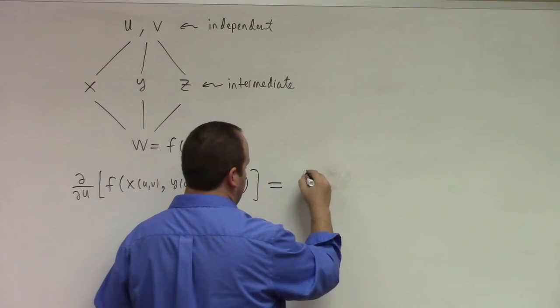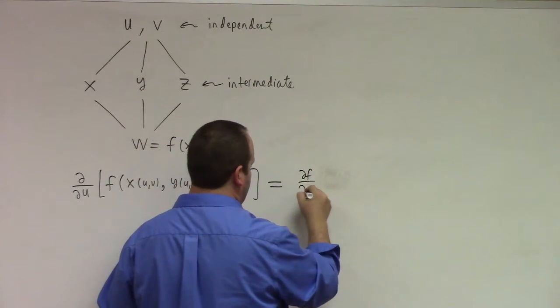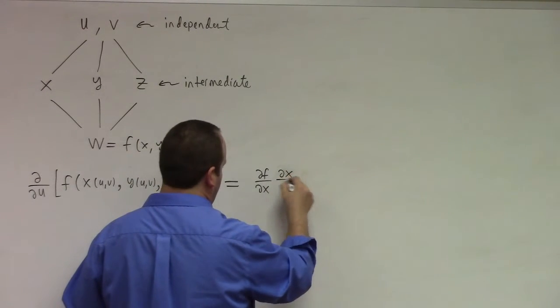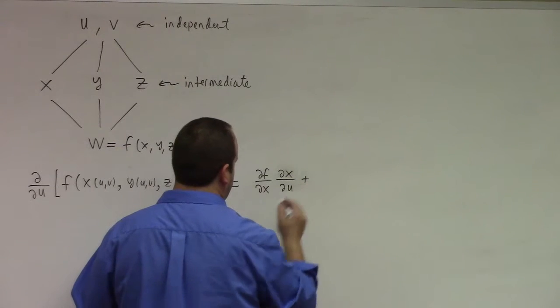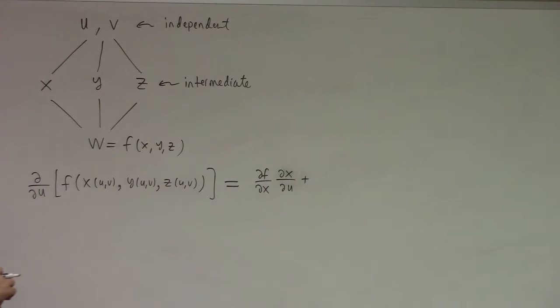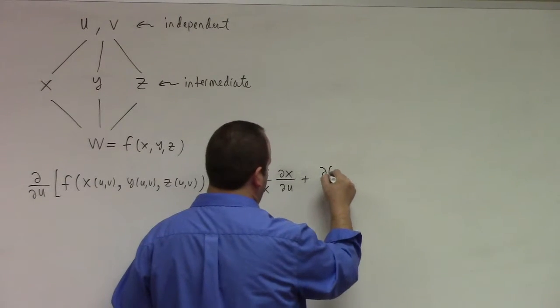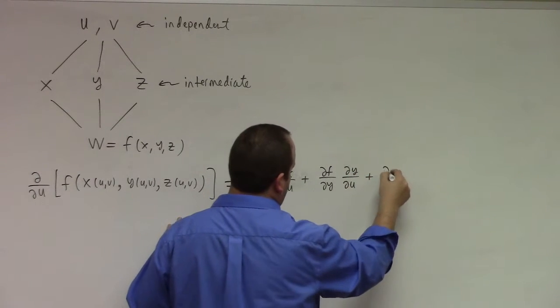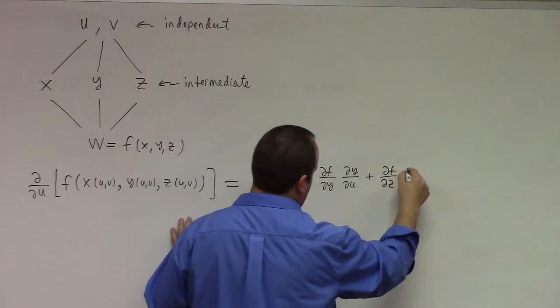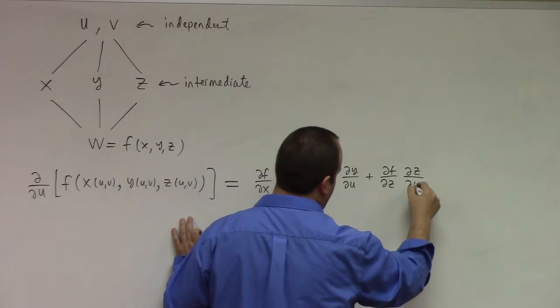All right, so what we do is check it out, it's just this, partial f, partial x, partial x, partial u, plus what? Partial f, partial y, partial y, partial u, plus partial f, partial z, partial z, partial u.